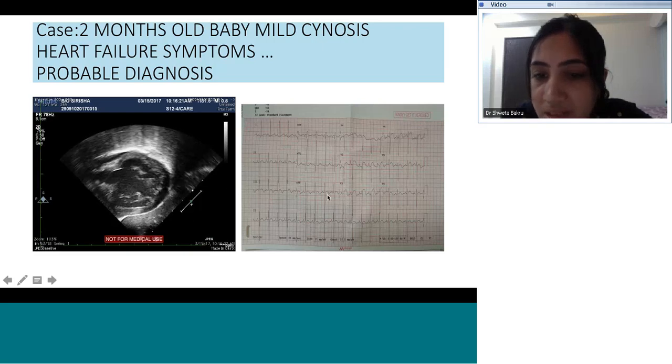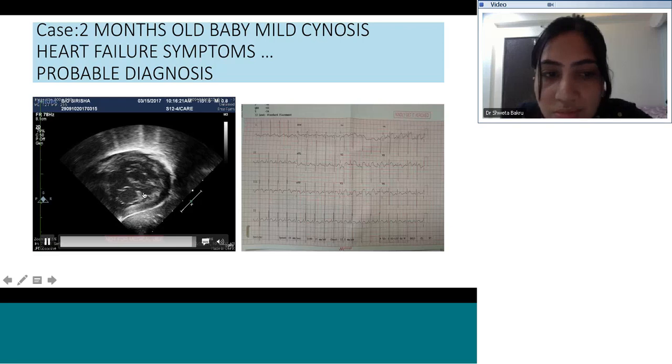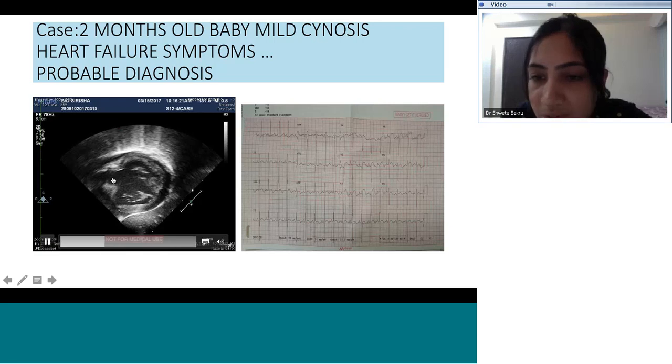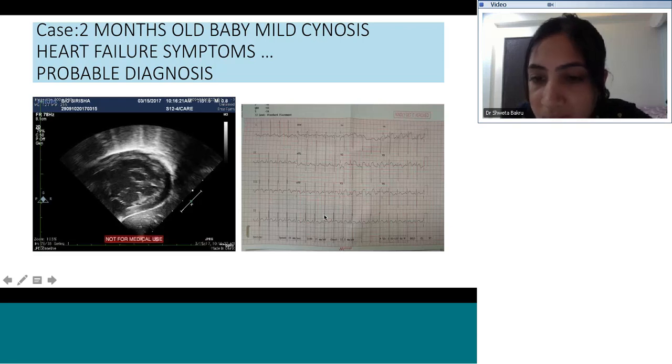And truncus with left axis deviation is very uncommon, right? So, Sakshi, are you seeing three components of truncus? What are the three components of truncus?